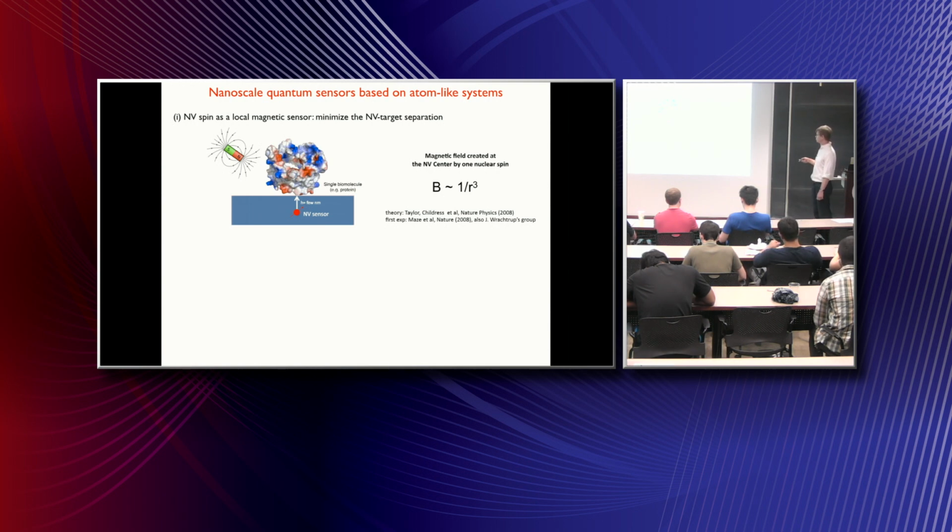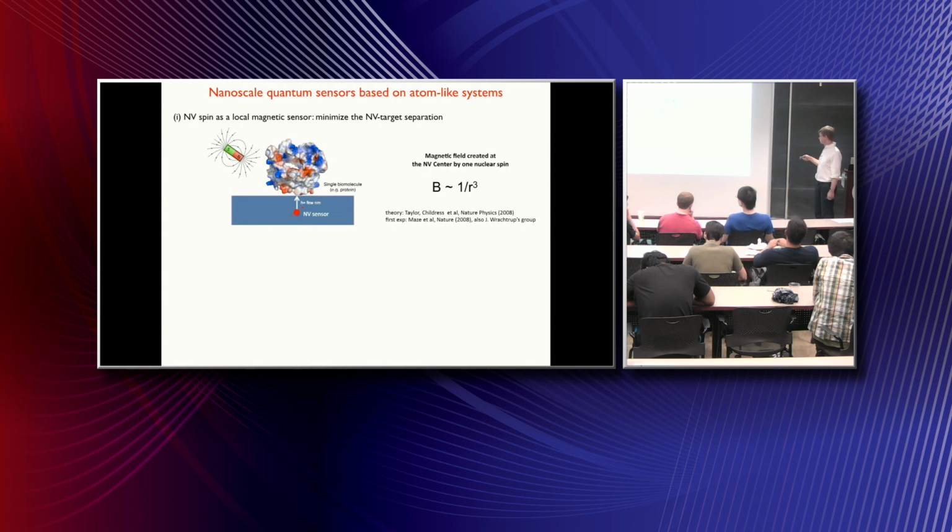In fact, they can be used as very sensitive probes of localized fields. So, for example, if you have a small molecule, such as a protein, these molecules consist of nuclear spins, and these nuclear spins actually produce magnetic fields.